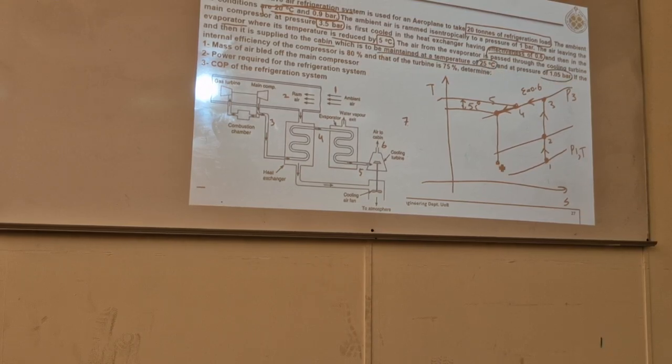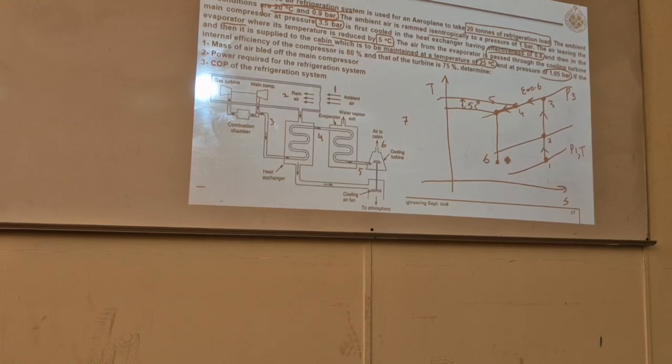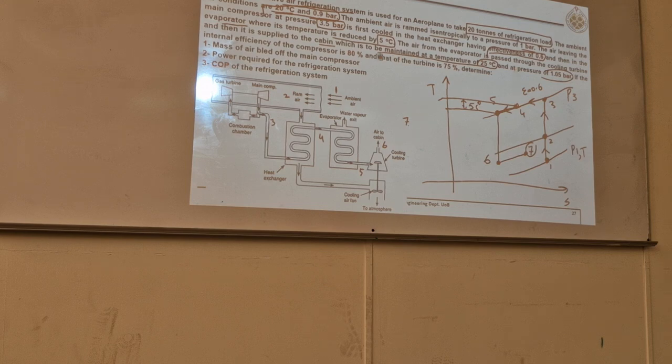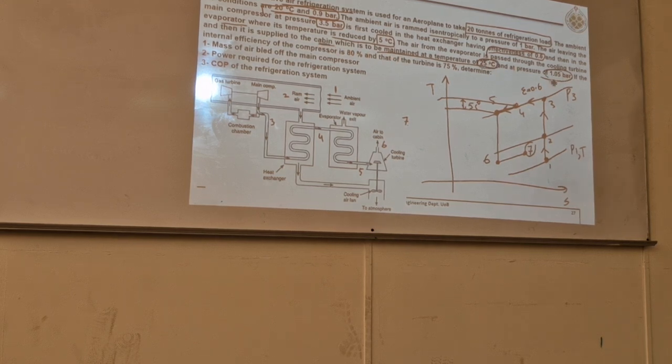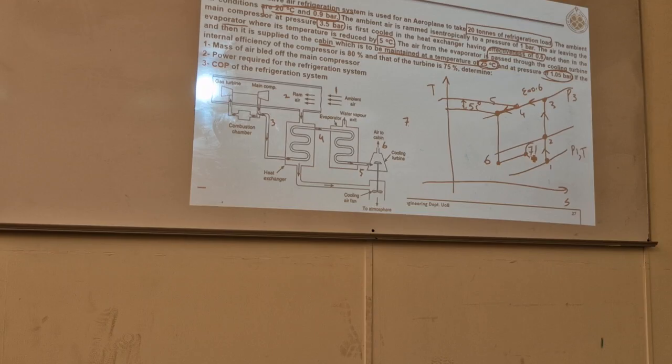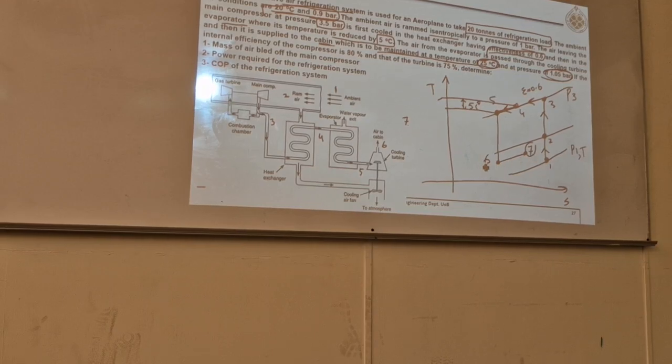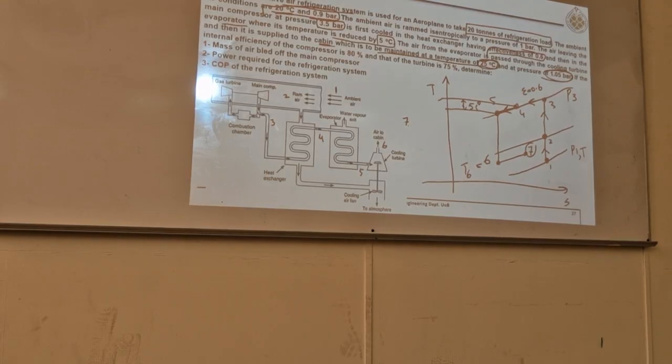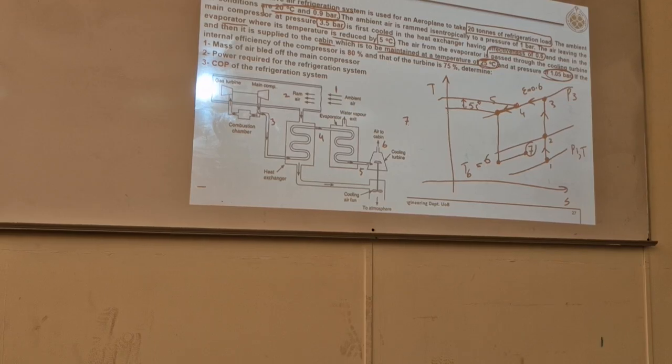So this is cooling turbine 6, then 6 to 7. So this T7 is given and P7 is given. T6 is not given. Isn't it same as P7?